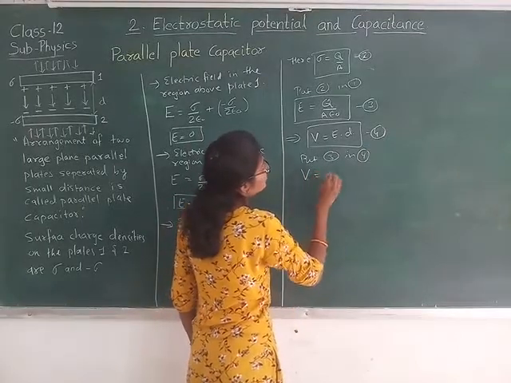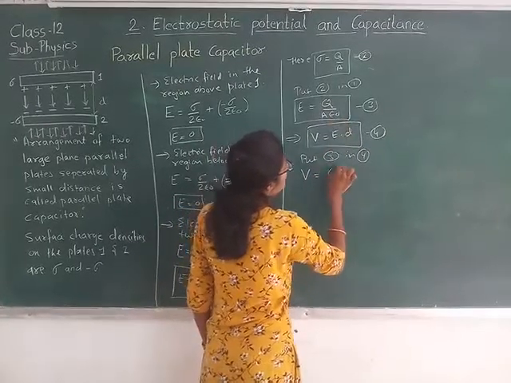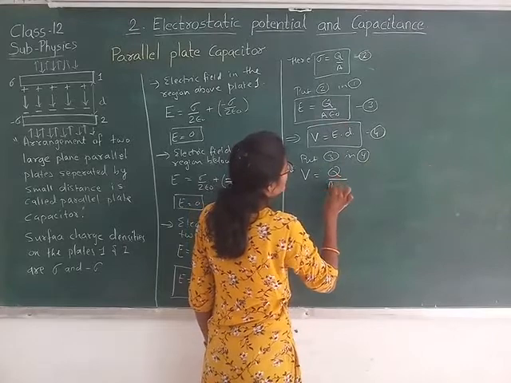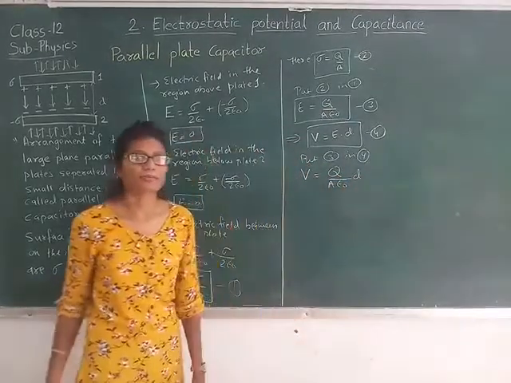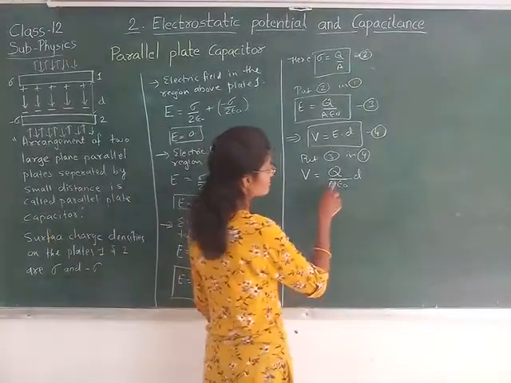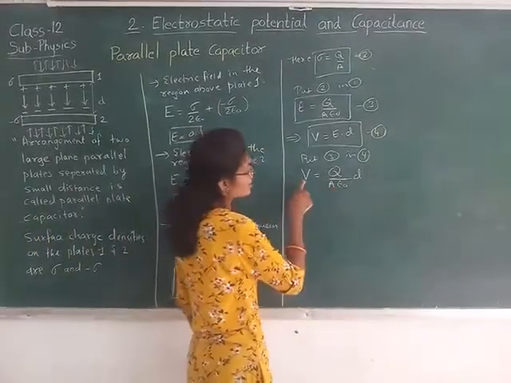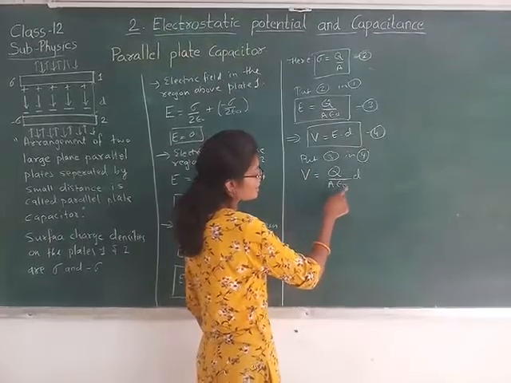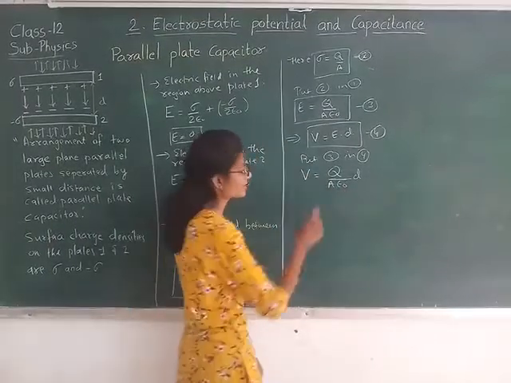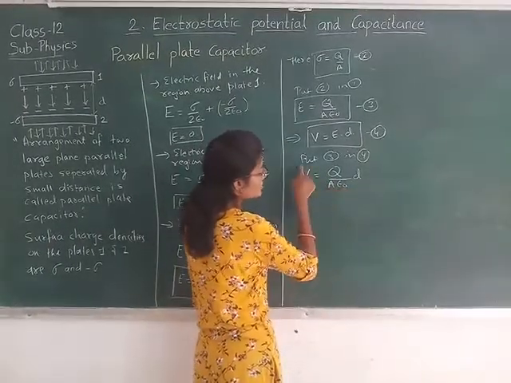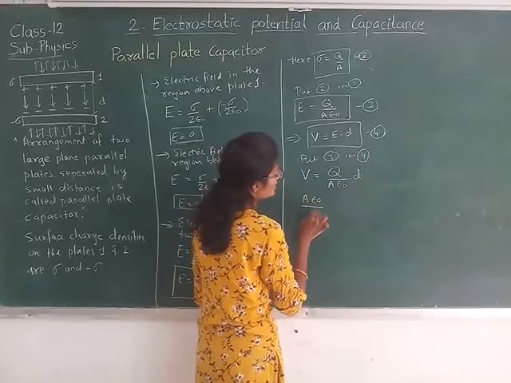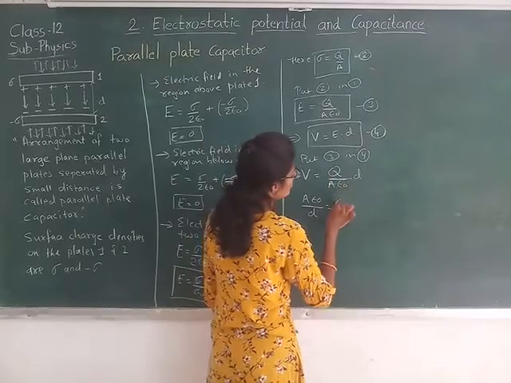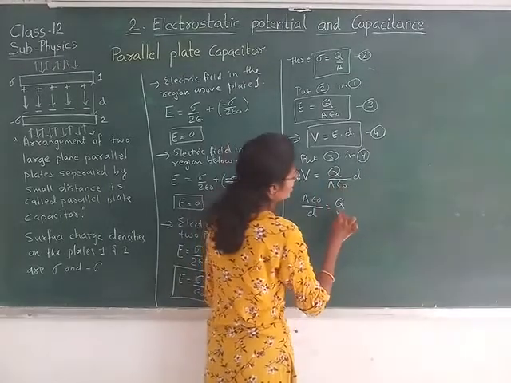V equals, what is E? That is Q upon A epsilon 0 times D. Right? Now here, taking V over here and the rest of the terms on the other side, that is A epsilon 0 over D in the denominator, equals Q and V over here.